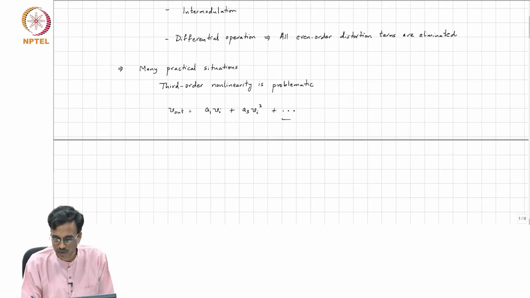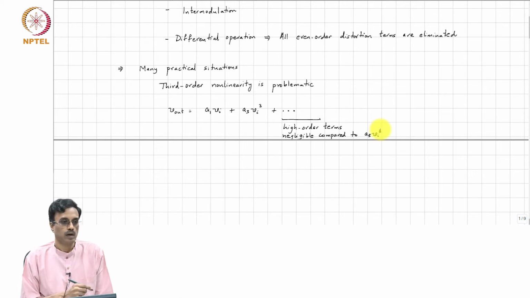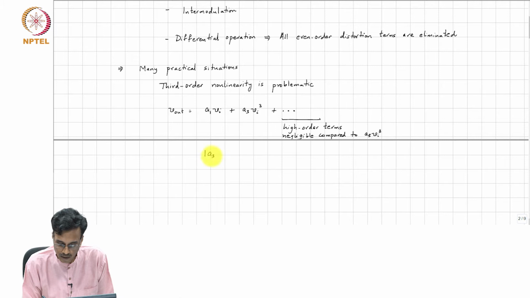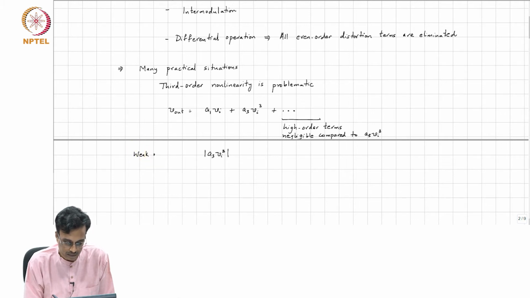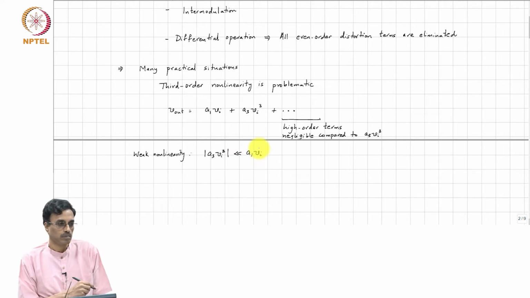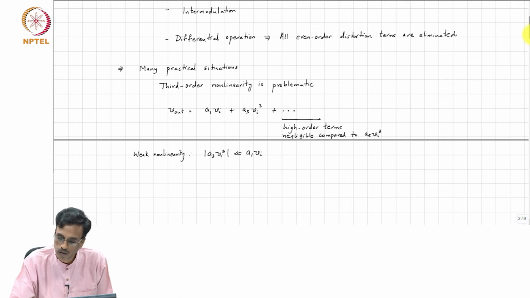We assume that the higher order terms are negligible compared to A 3 V I cube, and weak nonlinearity basically means that A 3 V I cube is much smaller than A 1 V I. All right.